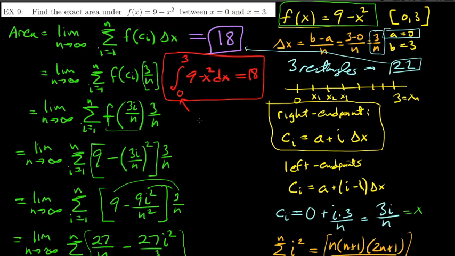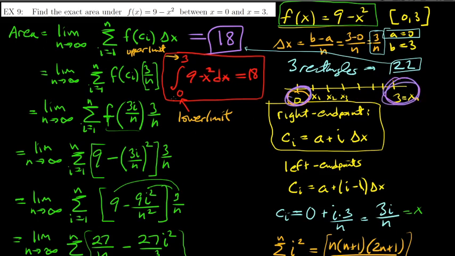So when you see these numbers here, this 0 is referred to as the lower limit of the integral, and this 3 here is the upper limit. When you look at the graph, it refers to the left-hand endpoint over here, and then the right-hand endpoint over here.